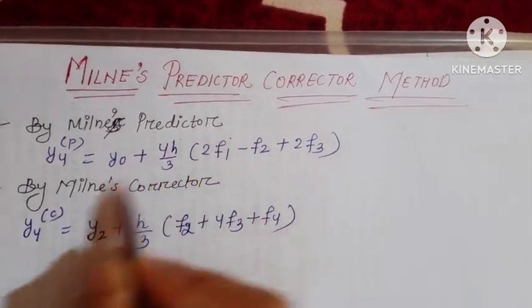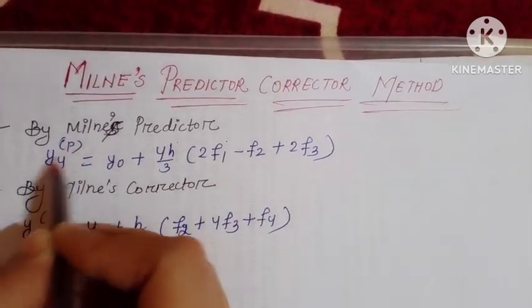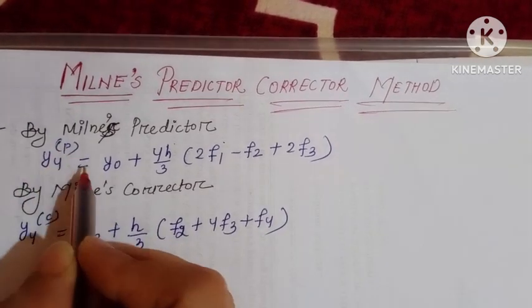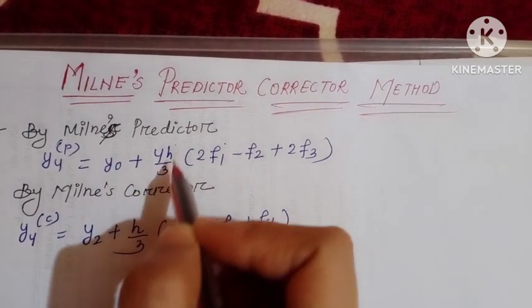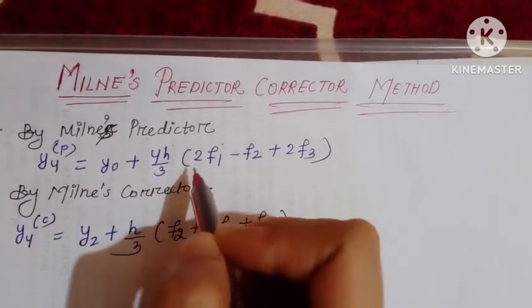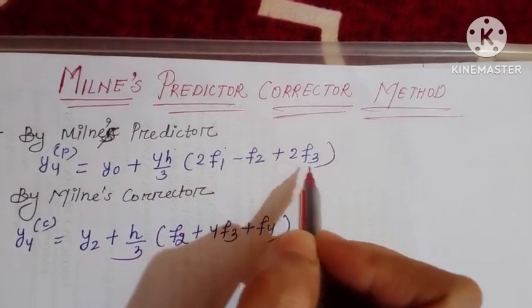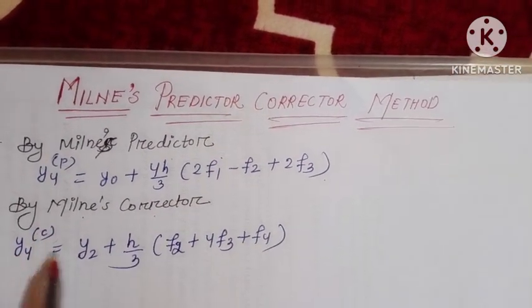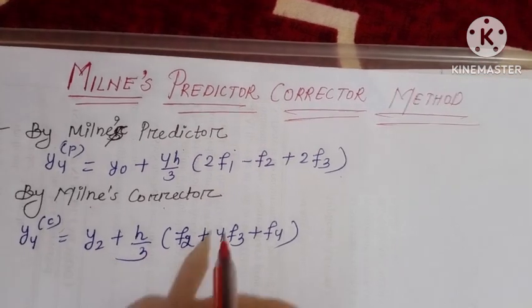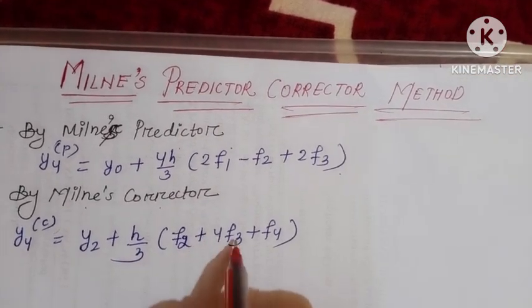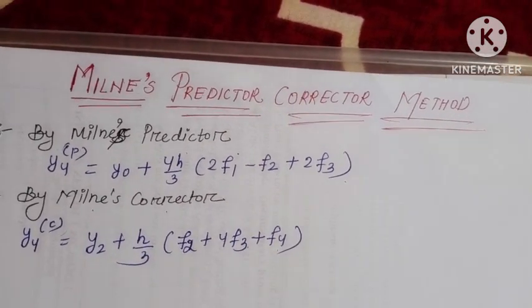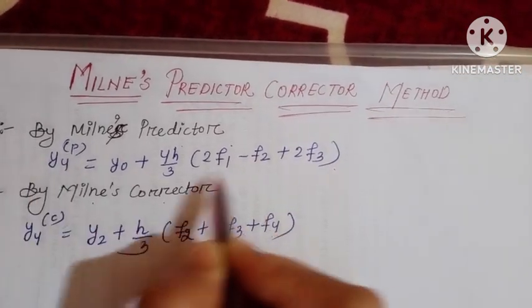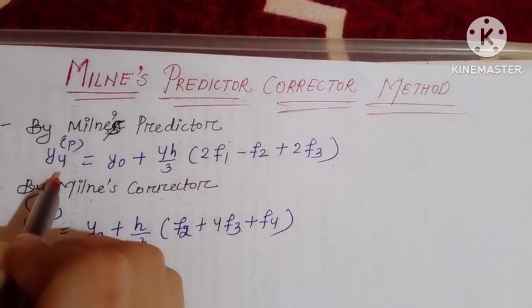For Milne's predictor you will indicate with small p: Y4 raised to small p equals Y0 plus 4h by 3 in bracket 2F1 minus F2 plus 2F3. For Milne's corrector you will indicate with small c: Y4 is equal to Y2 plus h by 3 bracket F2 plus 4F3 plus F4. So this is the formula to find only Y4.